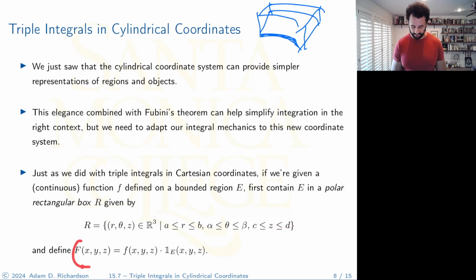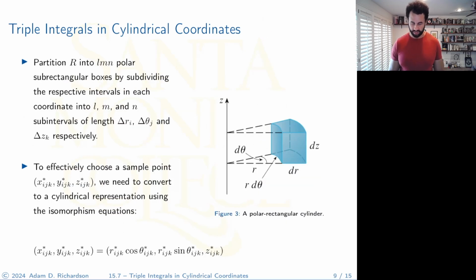Again, we're going to define this function capital F using an indicator function that just says if you're on the set, you're going to have f, and if you're off the set, you're going to have 0. We're going to partition that polar rectangular box into polar subrectangular boxes by subdividing the respective intervals in each coordinate into L, M, and N subintervals of length delta r sub i, delta theta sub j, and delta z sub k, respectively.